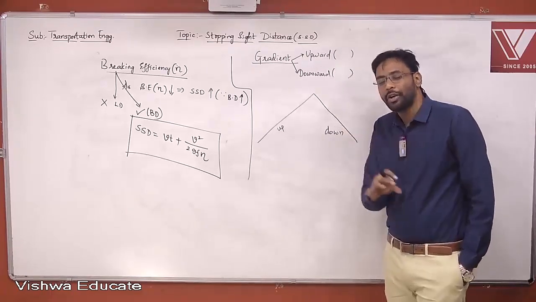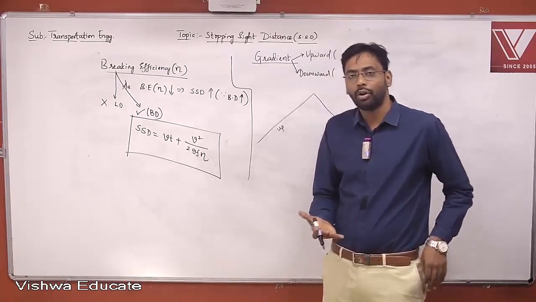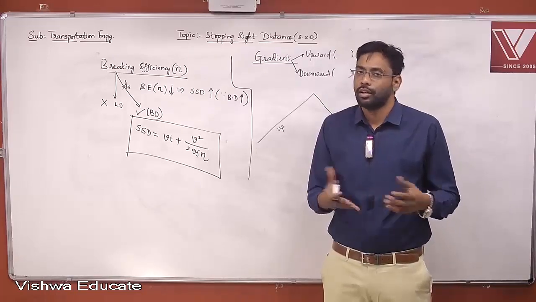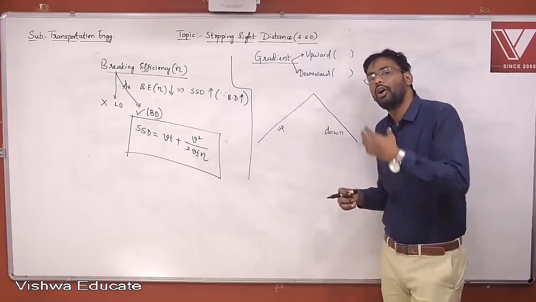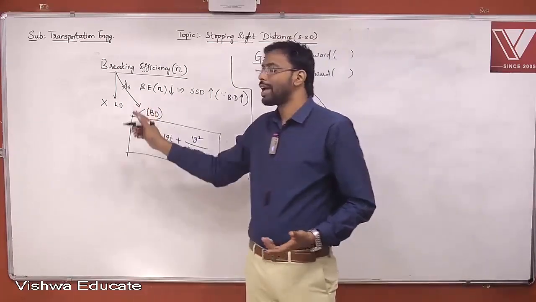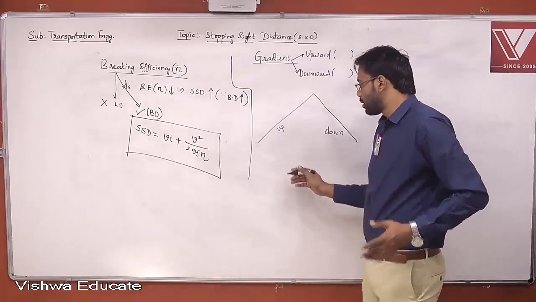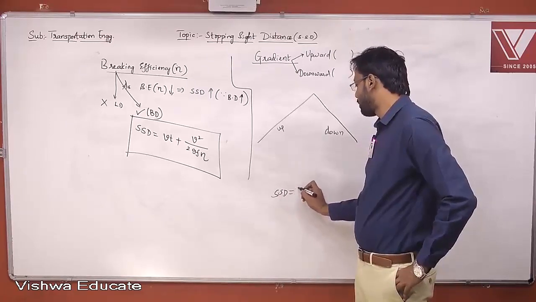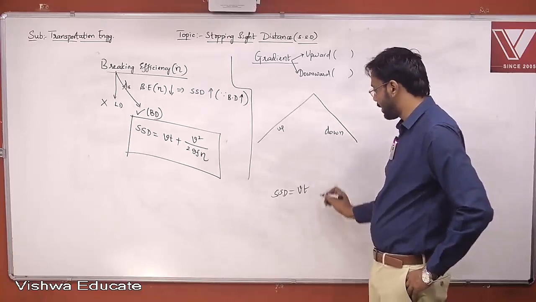Now, whether you're traveling on a hill or on a plain road, does your thinking time change about a particular situation? No, right? So whether it is a gradient or a plain road, the lag distance will have no effect over it. Lag distance remains the same.